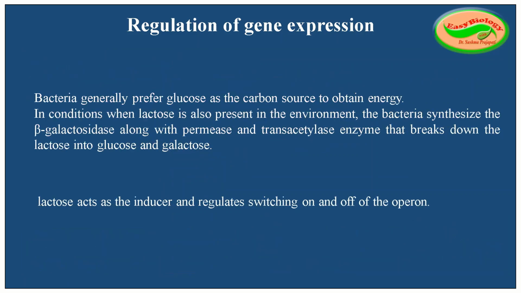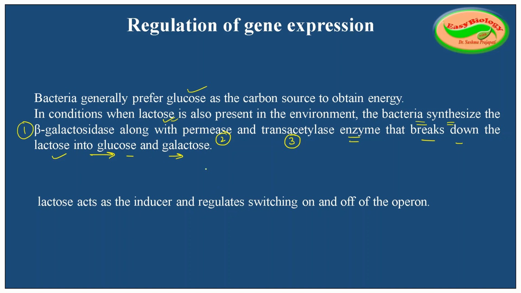Now, bacteria generally prefer glucose as the carbon source to obtain energy. But when lactose is also present in the environment, in that condition the bacteria synthesize beta-galactosidase along with permease and transacetylase. Why are these needed? Because these enzymes will break down the lactose into glucose and galactose.